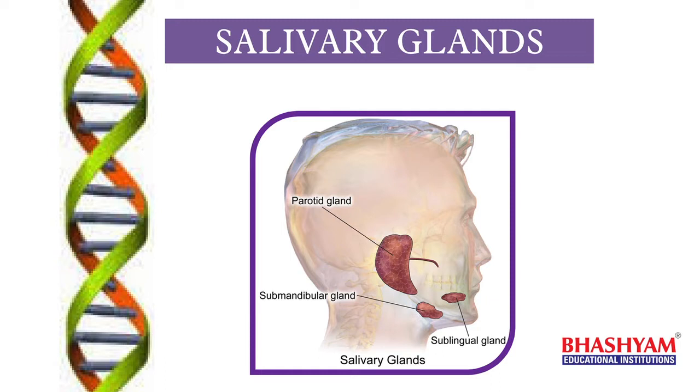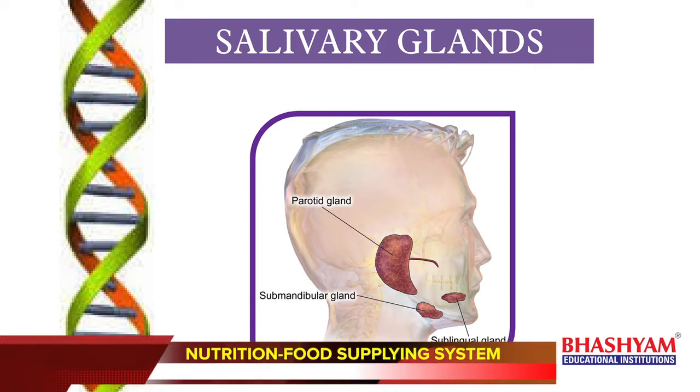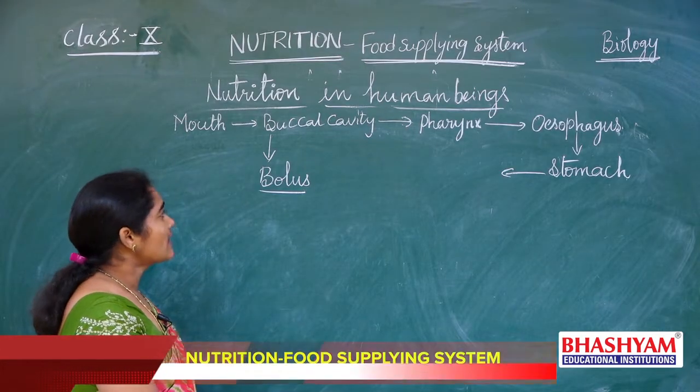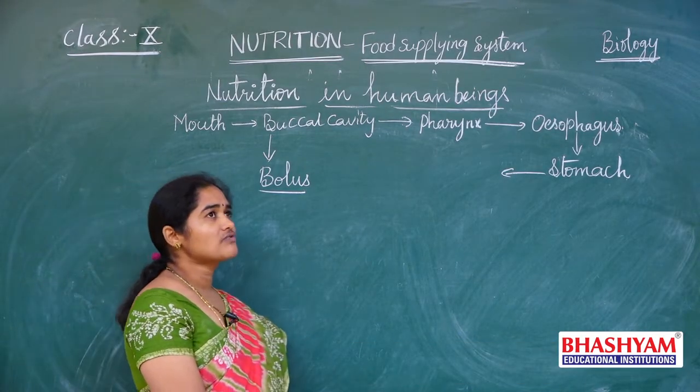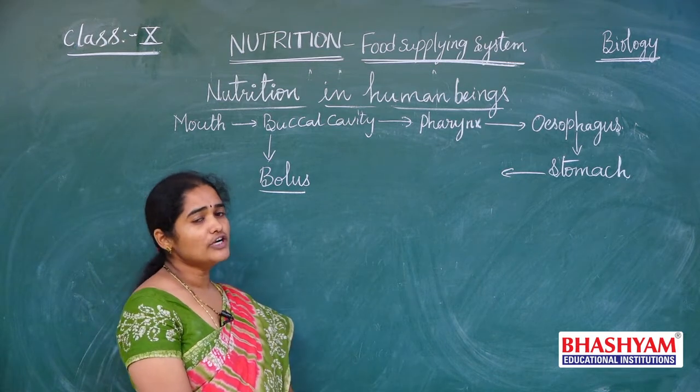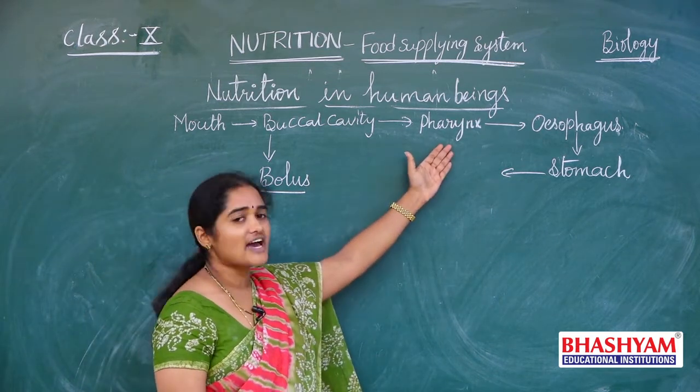Here mandible means jaw. Understand? That's why, as the pair of salivary glands located on the sides of the jaws, we call them submandibular glands.